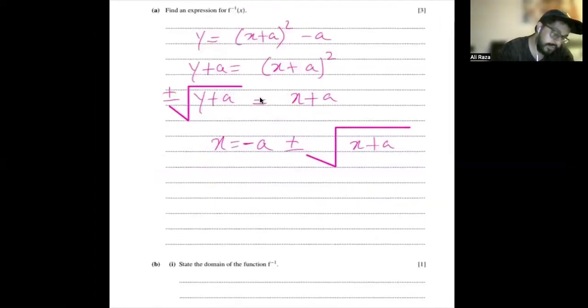So f inverse x would be minus a minus root x plus a.